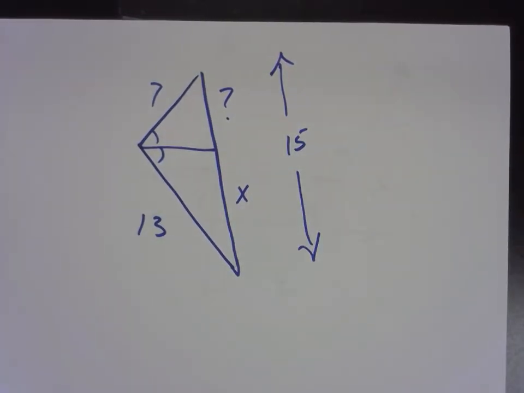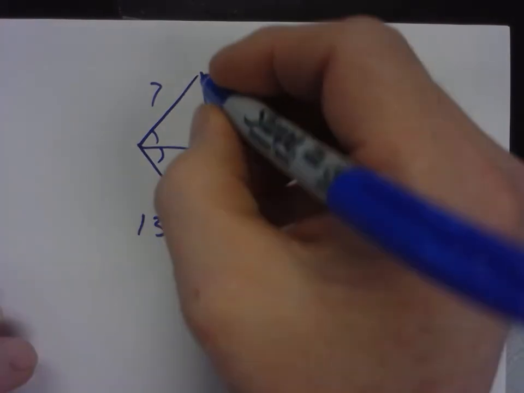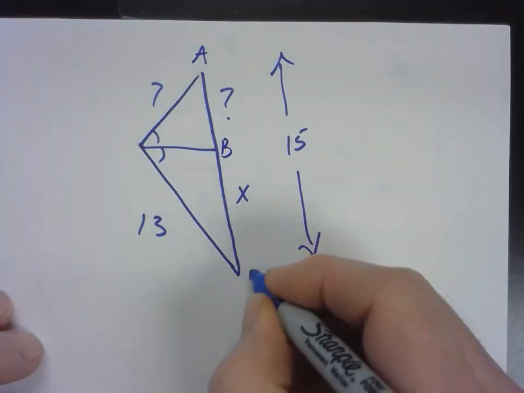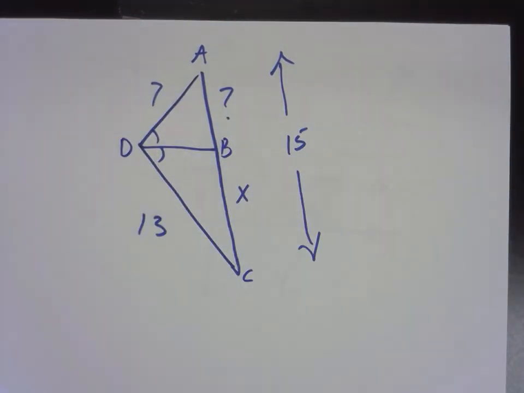Well, it all comes down to, can you name it without using a different variable? If this is A, B, C, D, we don't want to call it AB. We don't want to call it Y. So think about how to name it without using a different variable other than X.